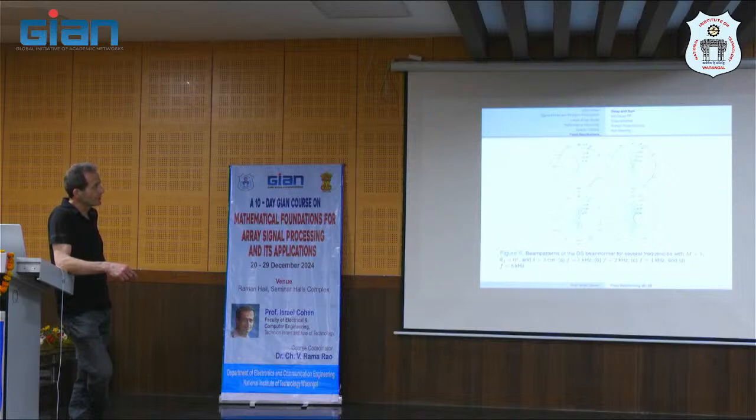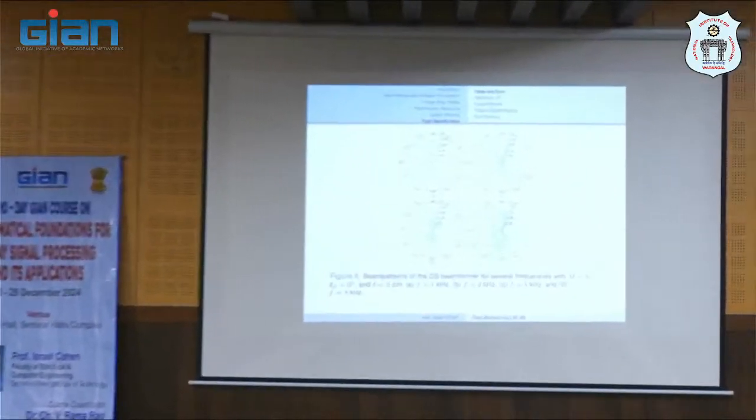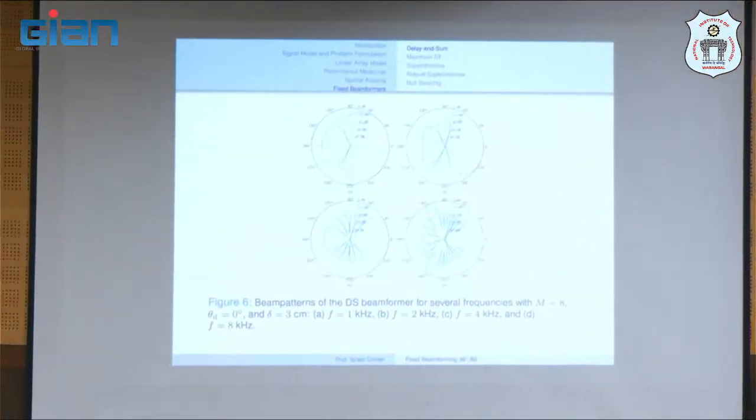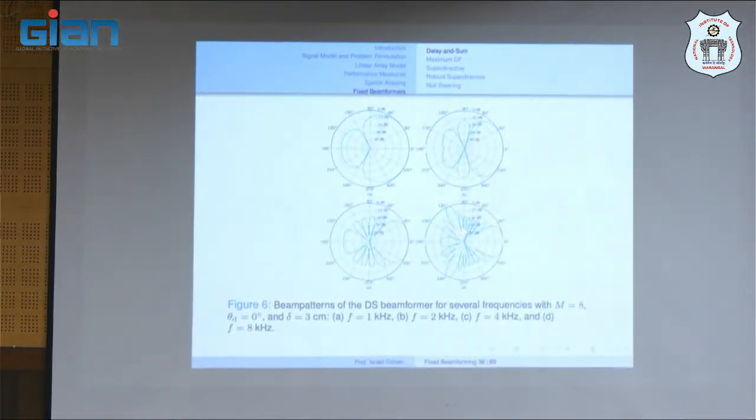You see side lobes that grow for certain directions, which means that for that frequency, we cannot identify a signal from 0 degrees and that other direction. It's because the steering vector for 0 degrees and this direction are the same. That's why we have the aliasing.